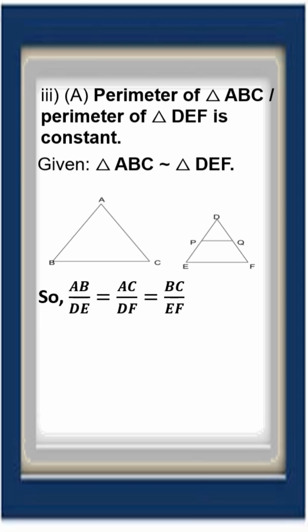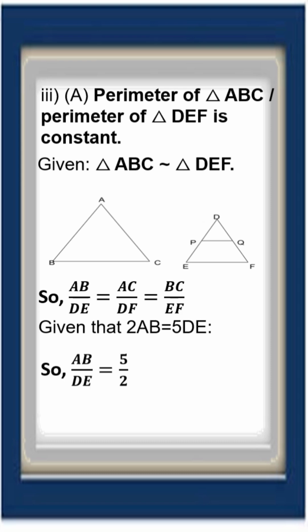Why? In similar triangles, ratio of the corresponding sides are in proportion. It is also given that 2AB is equal to 5DE. So AB by DE is equal to 5 by 2.